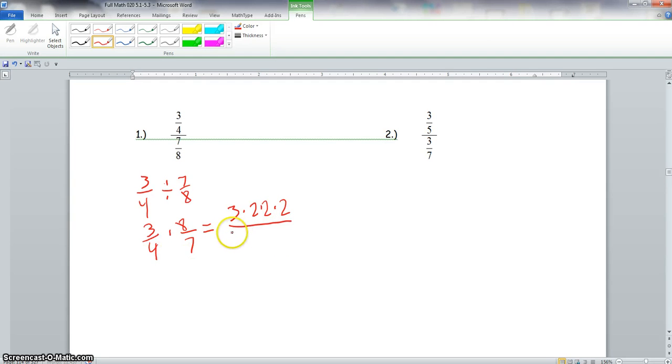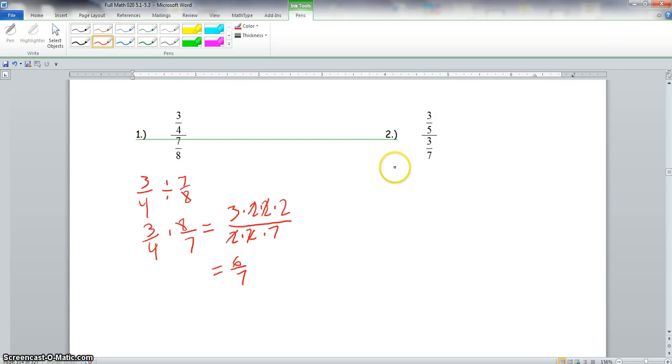Now the prime factorization of 4 is 2 times 2. And since 7 is prime, we'll write times 7. Now we have this 2 and this 2, this 2 and this 2. They simplify out, 2 sets of 2's. So now we multiply. 3 times 2 is 6, and then our denominator is 7. So that is our final answer for number 1.